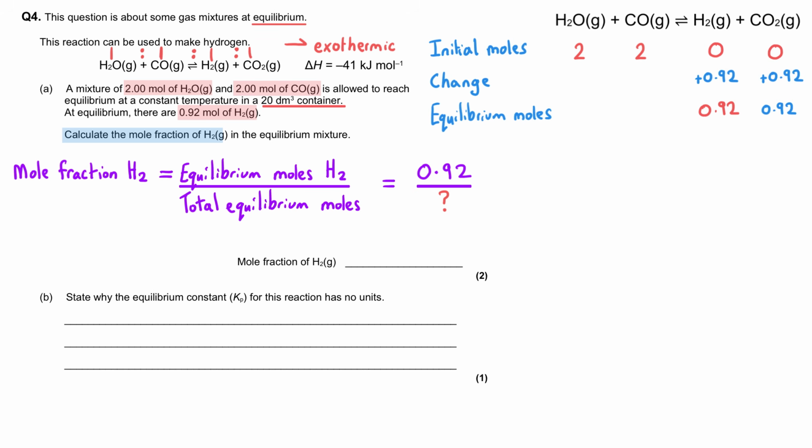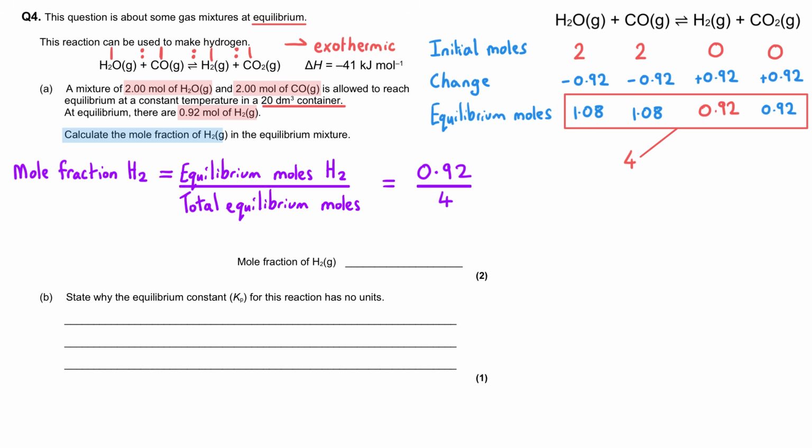So water goes down by minus 0.92, and so does carbon monoxide. We started with 2 moles of each of them, so at equilibrium, we will have 1.08 moles of each of them. And so now we know the total equilibrium moles is just the sum of these 4 values, which gives us 4. And so that means the mole fraction is 0.92 divided by 4, which is 0.23.